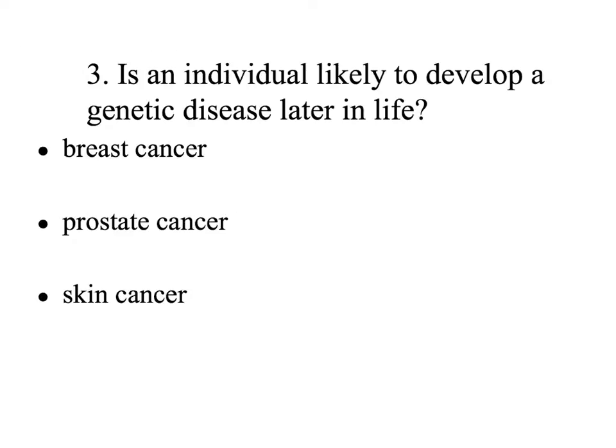A third question addressed is, is an individual likely to develop a genetic disease later in life? There are genetic screening processes for things like breast cancer, prostate cancer, and skin cancer. In this process, DNA technologies are often used to help detect disease-causing genes or mutations within those genes.